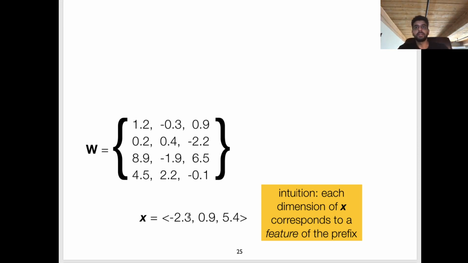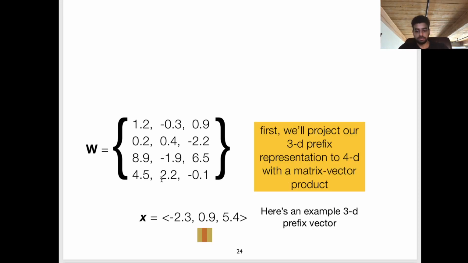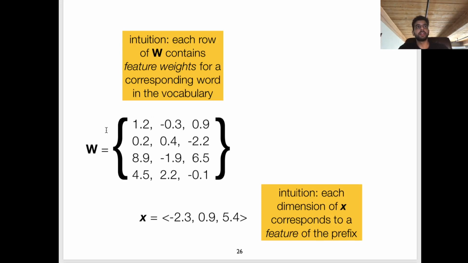But you can intuitively think of them as encoding different linguistic properties of the prefix. And similarly, the weight matrix, if you look at that more closely, you'll see that it's a 4x3 matrix, right? 4 rows, 3 columns, and each row corresponds to the weights of each of these features for a particular word in the output vocabulary.